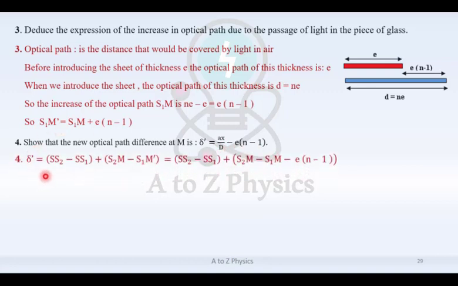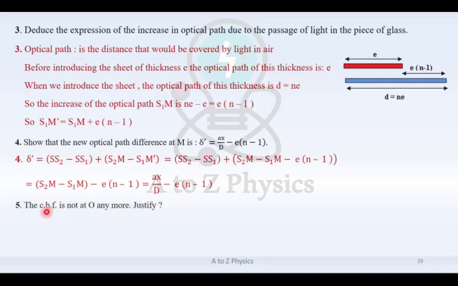Delta prime equals SS2 minus SS1 plus S2M minus S1M prime, which is equal to S1M plus e times (n minus 1). So it is equal to S2M minus S1M minus e times (n minus 1), equal to a x over D minus e times (n minus 1).